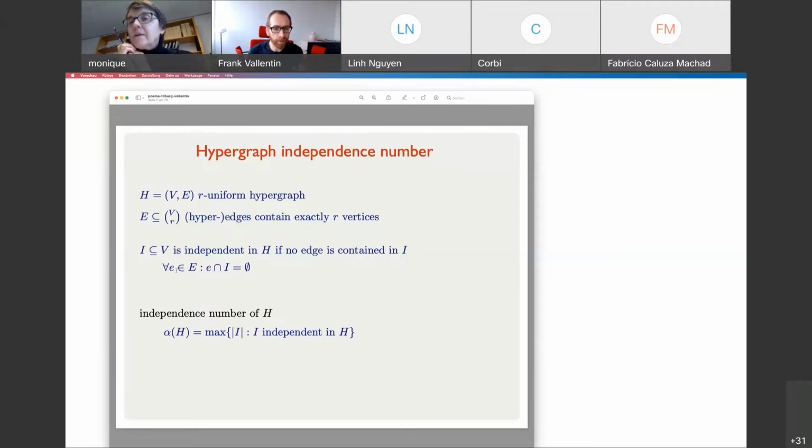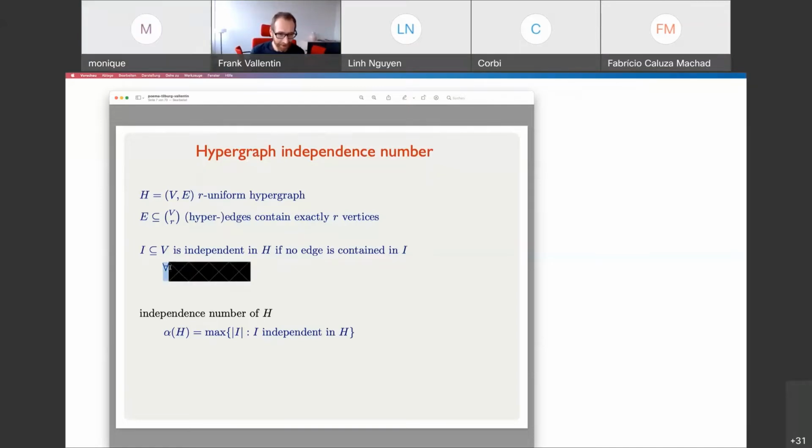Ah, okay. Yeah, maybe forget this. So we should remember: no edge is contained in I, and you shouldn't take a look at the formula. Exactly. Thanks. Maybe it's also worthwhile to look at an example, and then I think things become even clearer, I hope.